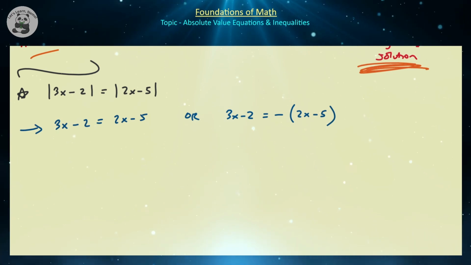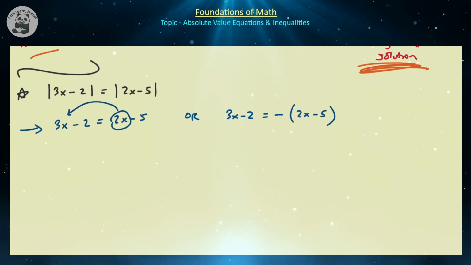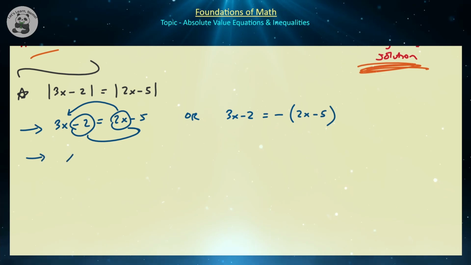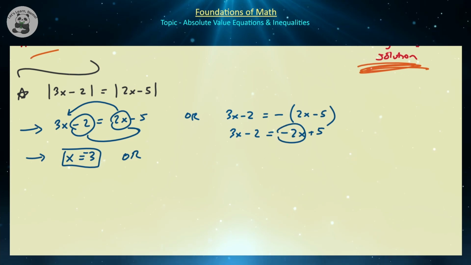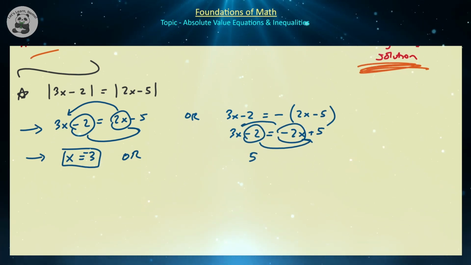So I'm going to isolate x. I'm going to bring our 2x over and our minus 2 over. So I'm going to have x is equal to negative 3 as our first solution. Or, let's distribute that negative, so 3x minus 2 equals minus 2x plus 5. Bring our minus 2x over, our minus 2 over. That's going to give us 5x is equal to 7, so x is going to be equal to 7/5.